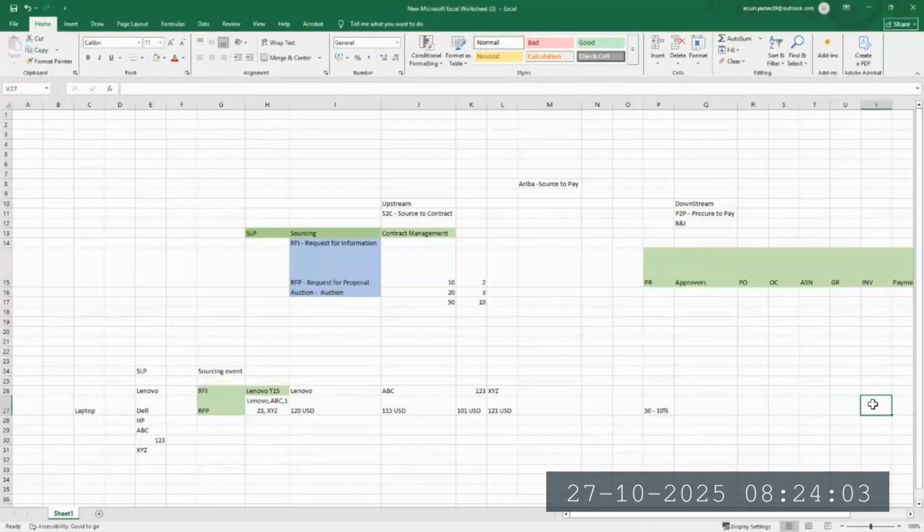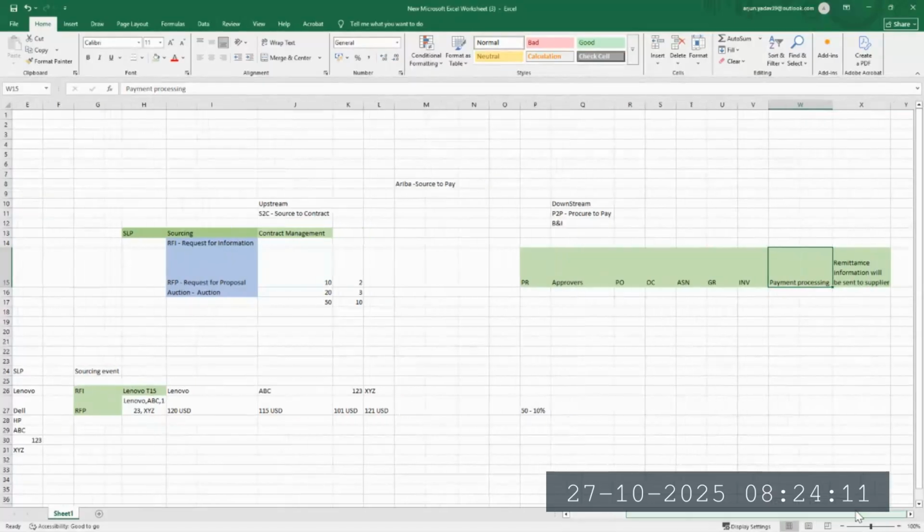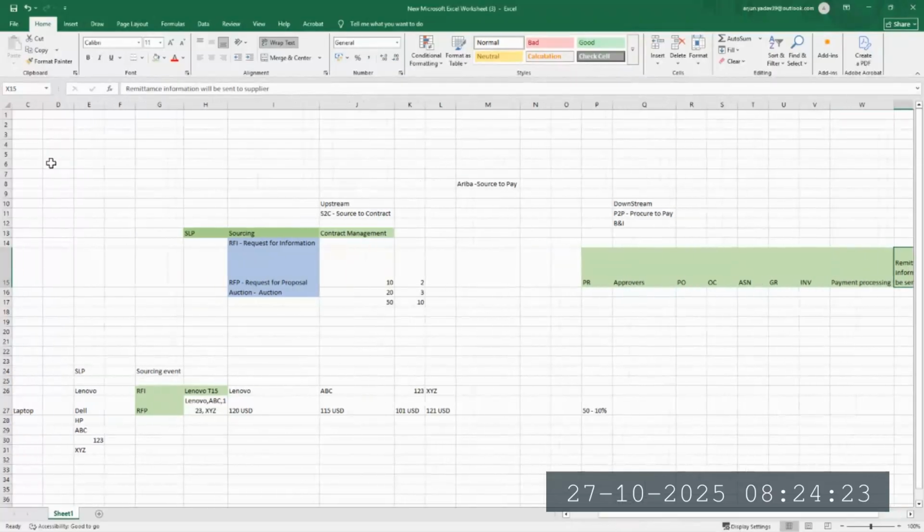Then the invoice will be processed by the invoicing agent, and payment will be processed. Payment is what we pay to the supplier, and that payment information will be captured in the remittance advice sheet. So this is the end-to-end flow of the Ariba procurement cycle.